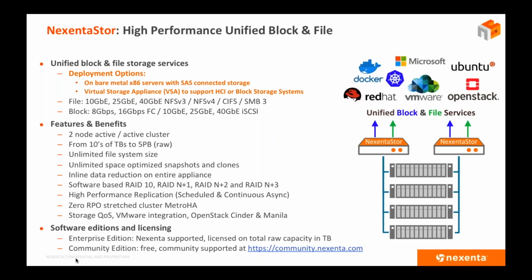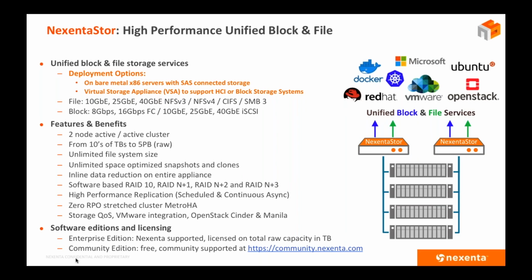Now, that includes the ability, once you have that HA solution, to have things like a Metro HA environment. So if you need to stretch that across a geographic area, more of a metropolitan area, you can have that cluster stretched across a metropolitan area. And if you're a service provider or even a large enterprise that wants to make sure you're controlling how much storage is being used by whom, you can do things like QoS that we'll touch on in a future slide in a sec.